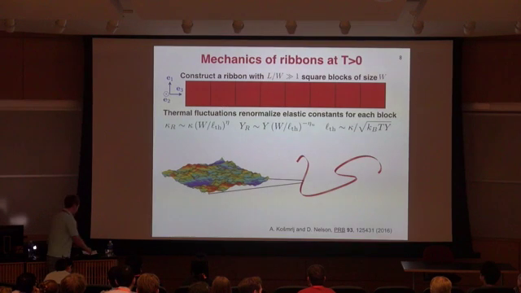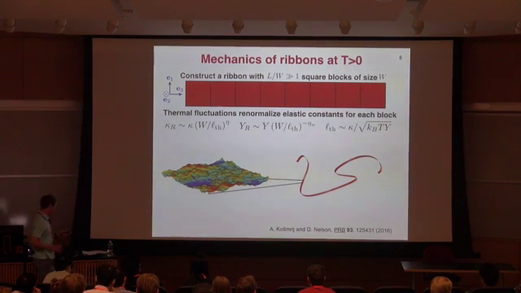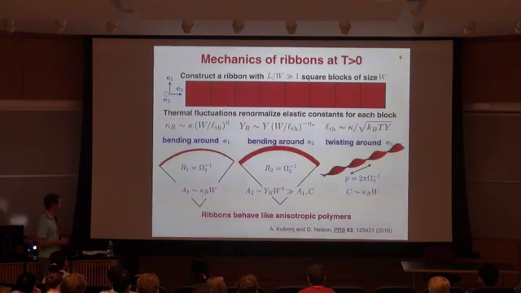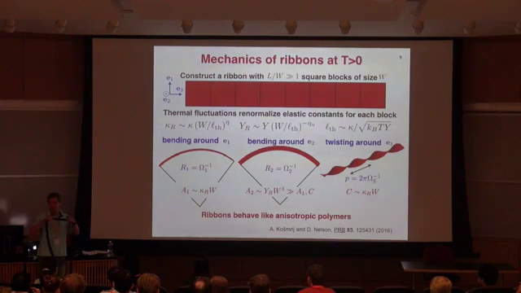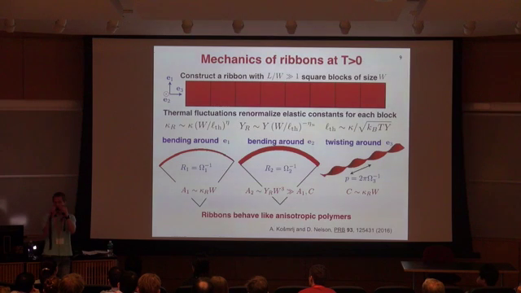Then we can just stitch them all together to get an effective 1D ribbon, and if we ignore the stretching of the ribbon backbone, which is hard, we basically have three easy deformation modes. One is bending in this direction, which is very easy, and it's associated with this renormalized bending stiffness. Bending in the other direction is very hard because I would have to stretch the ribbon, and that's why we have this renormalized Young's modulus.